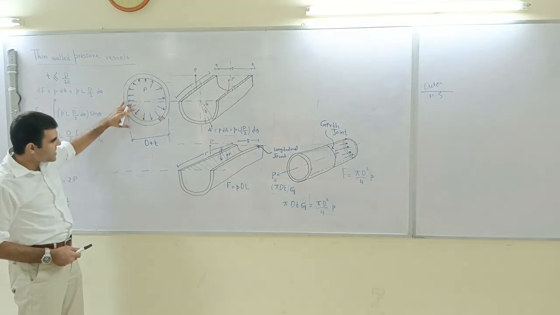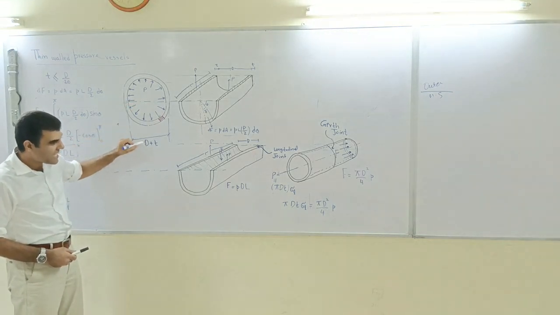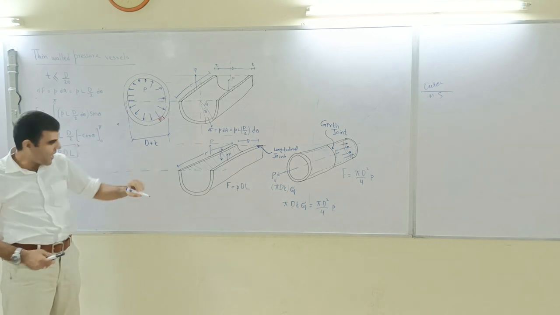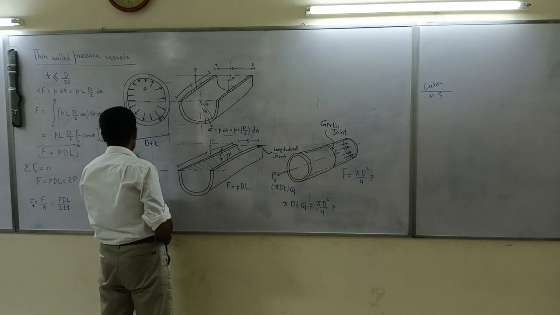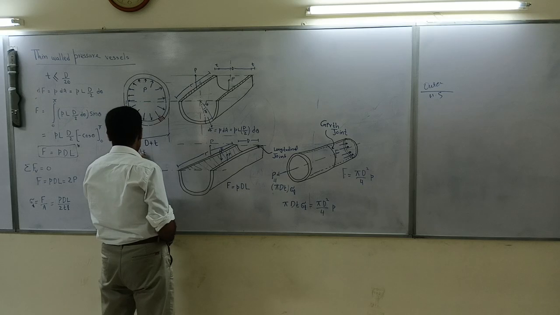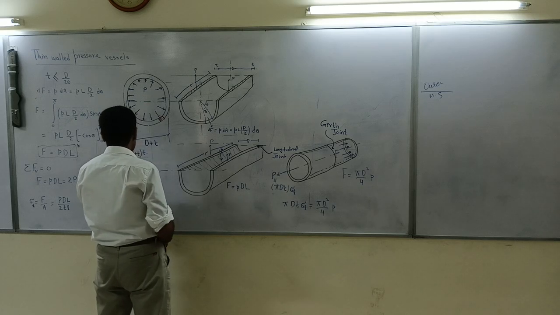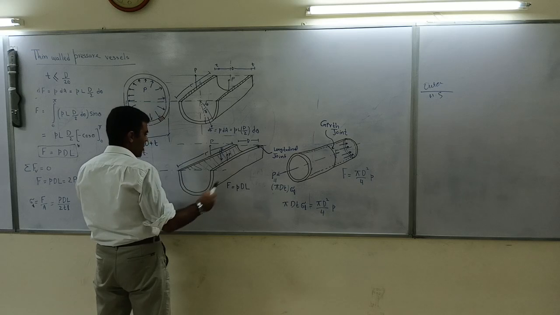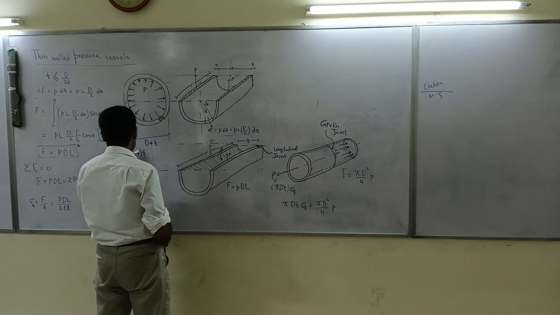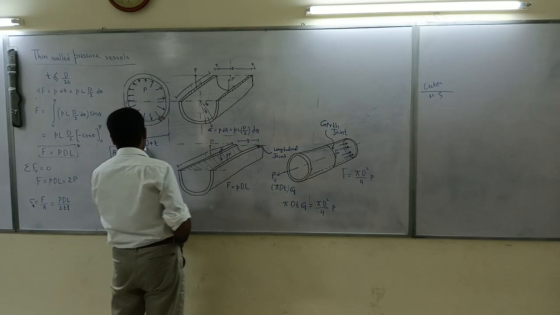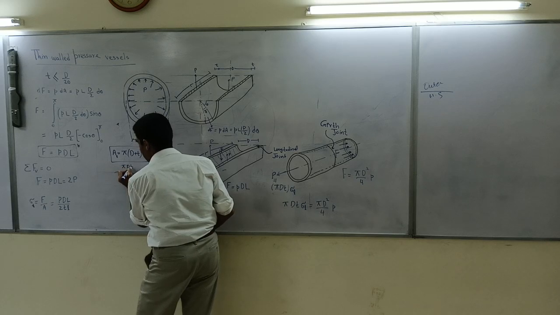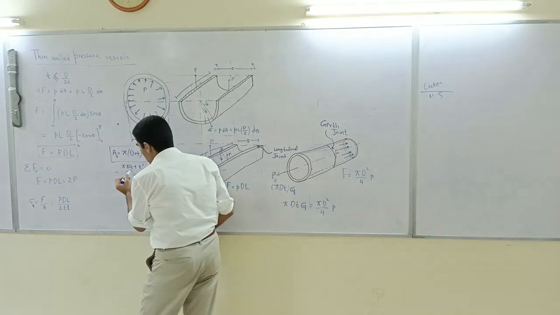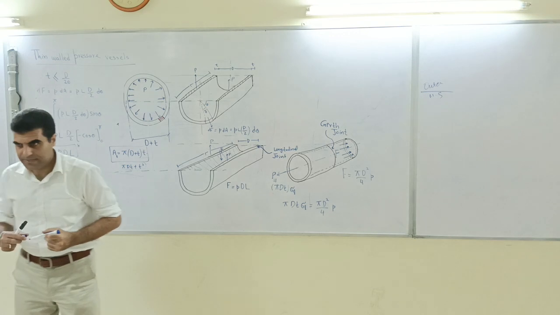So if I take d plus t, this should be pi times d plus t times t. So area should be pi (d plus t) times t. That is for the area of the longitudinal stress. Now, because we are dealing with thin wall, if we open the bracket, pi dt plus pi t square, this t square we assume is very small, so we get only pi dt.